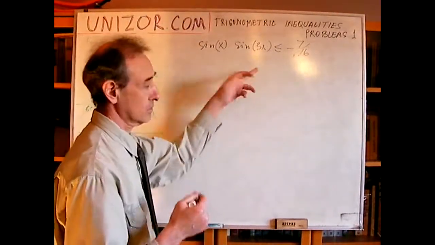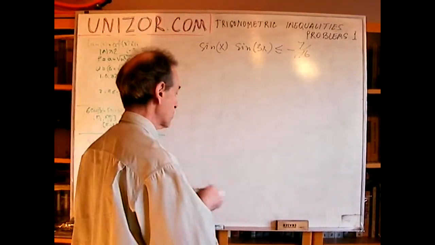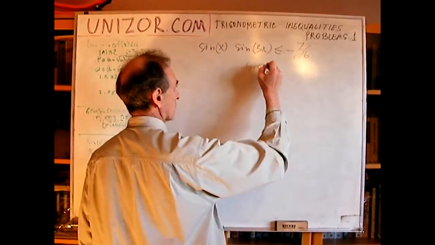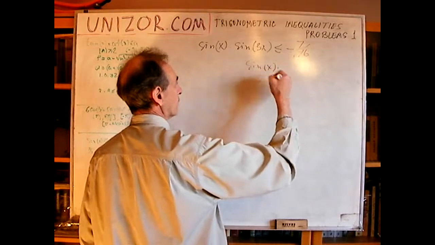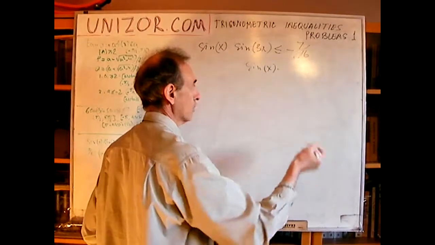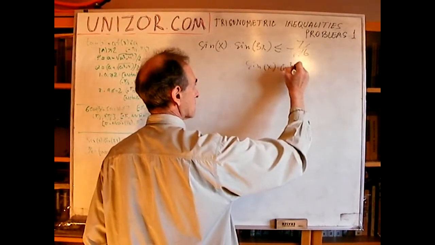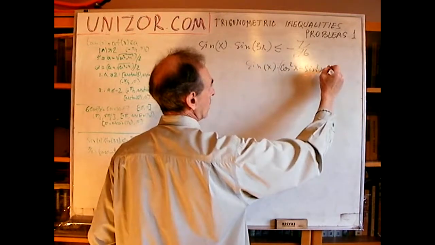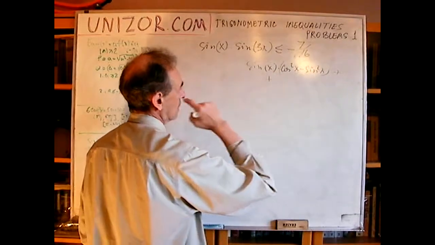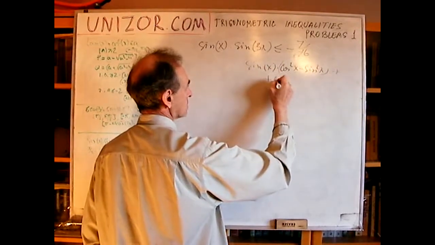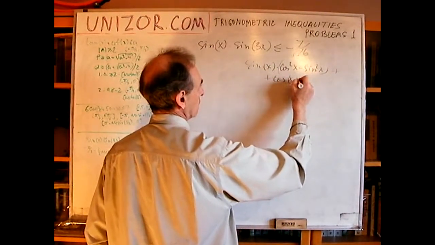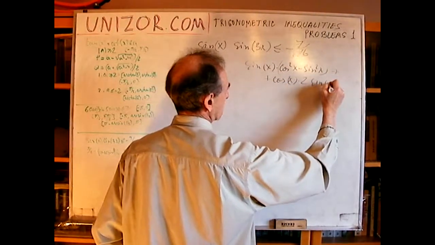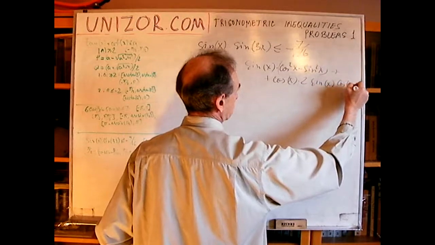First of all, I don't remember, as I said, sine of 3x. Let me just derive it. So it's sine of x plus 2x, right? So it's sine of x times cosine of 2x, which is cosine square x minus sine square x, plus cosine of x times sine of 2x, which is 2 sine x cosine x.